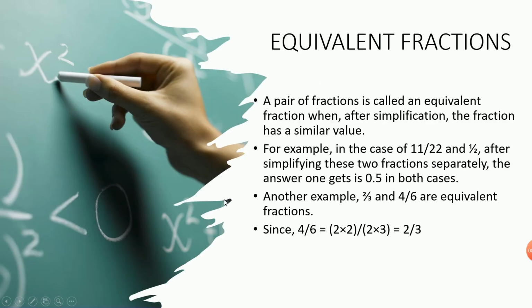In equivalent fractions, a pair of fractions is called equivalent when after simplification the fractions have a similar value. Please underline the word similar value, not equal value or the same value.